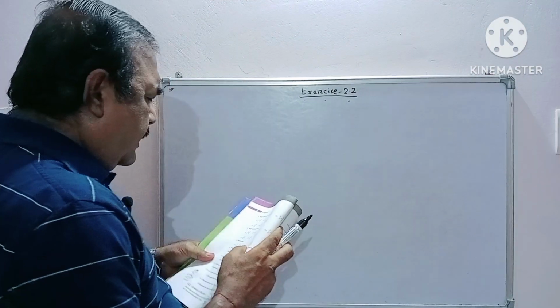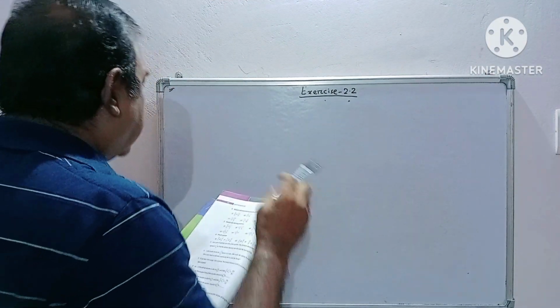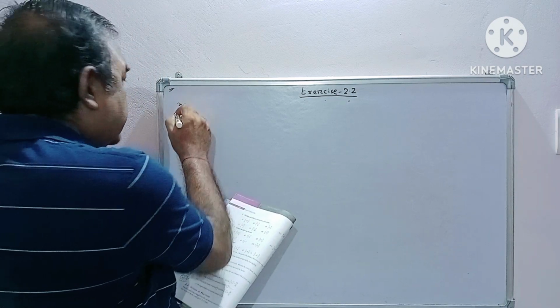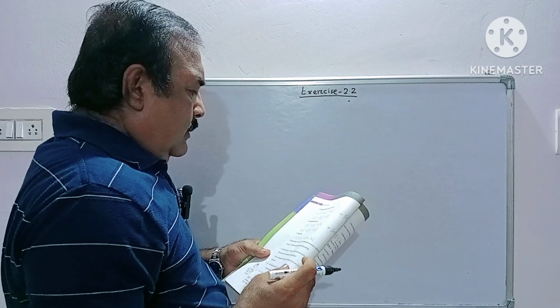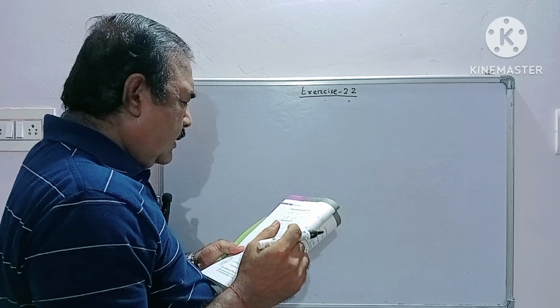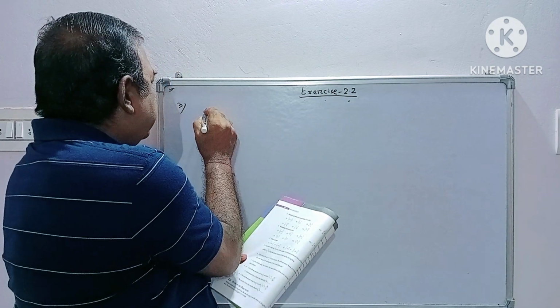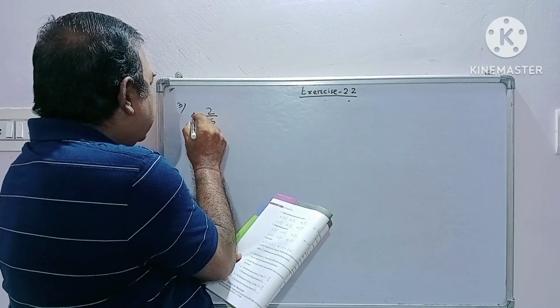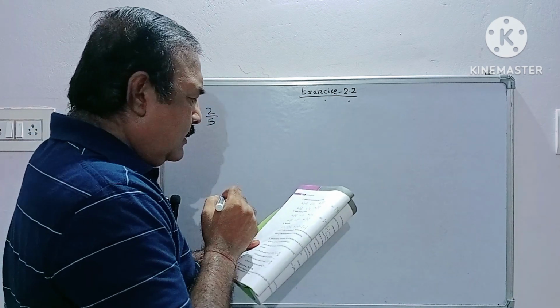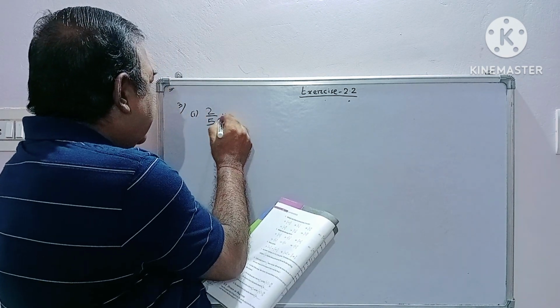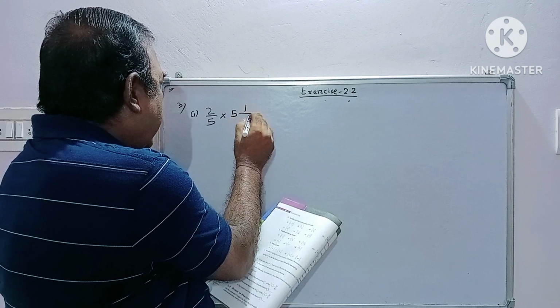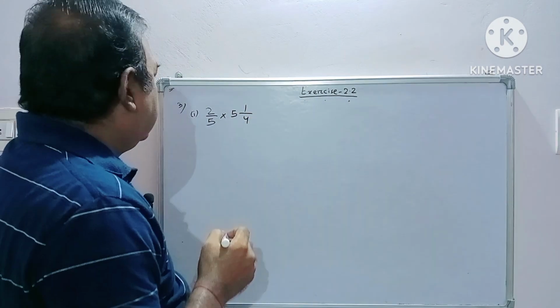In question number 3, we will have to multiply the following fractions. 2 upon 5 into 5 whole number and 1 upon 4.